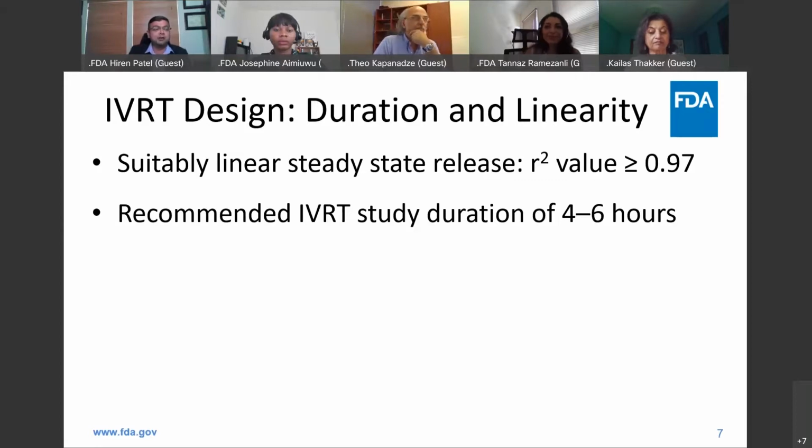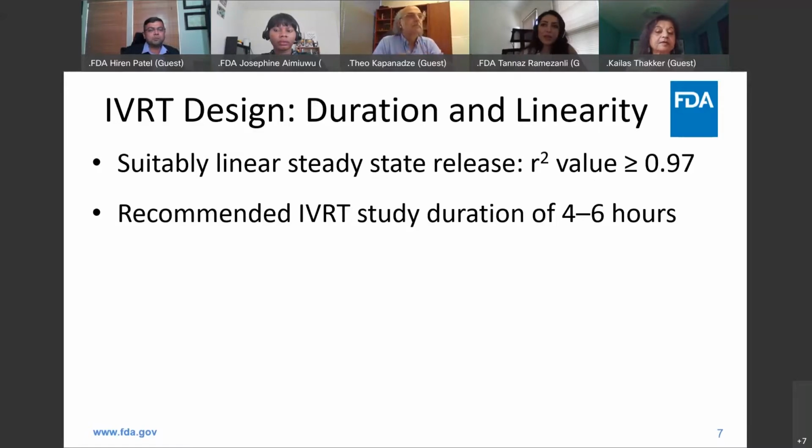With an immersion cell, you have a first time point at 30 minutes with 60% dose depleted. I think you had better work on your selection of apparatus, receptor solution, or membrane to fix that issue rather than just cutting down on the number of hours for the IVRT study.